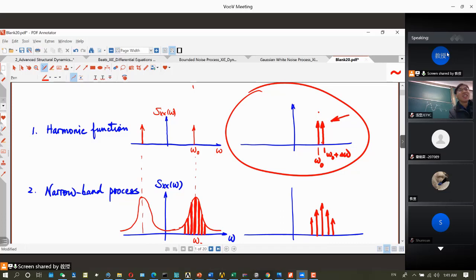Draw this case. We have two frequency components, omega 0 and omega 0 plus delta omega. And these two frequency components are quite close.